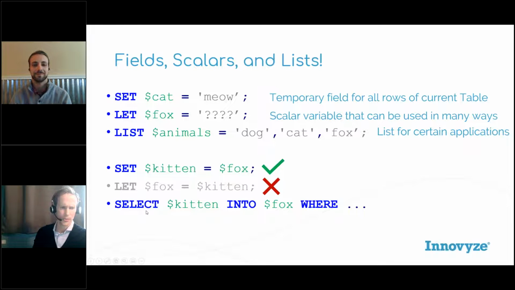So what you have to do is you have to say select kitten into fox, and you have to use a where clause to select only one of them. The silly names I've chosen are probably confusing, but you use select into to move data from a field into a scalar.